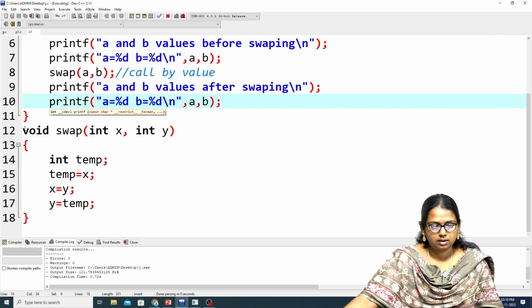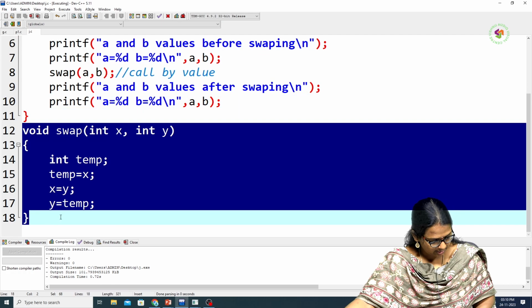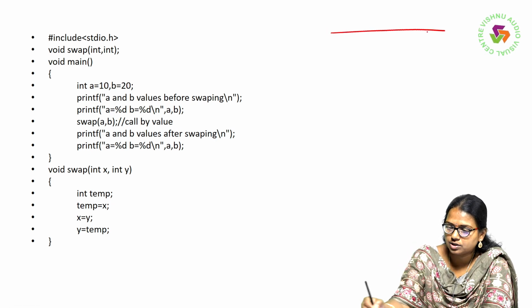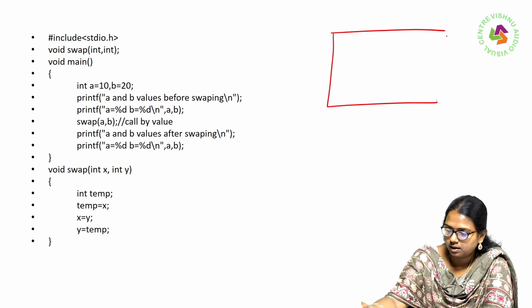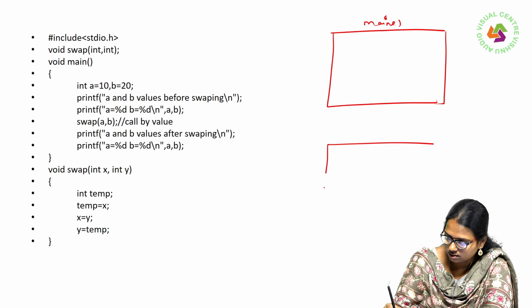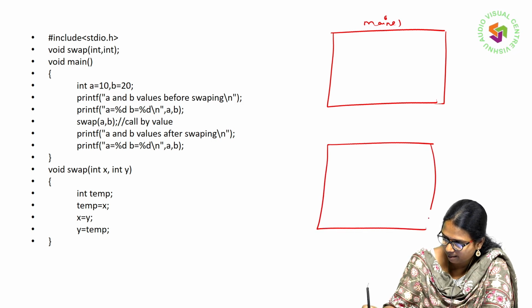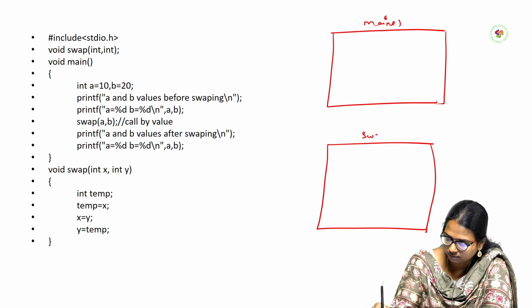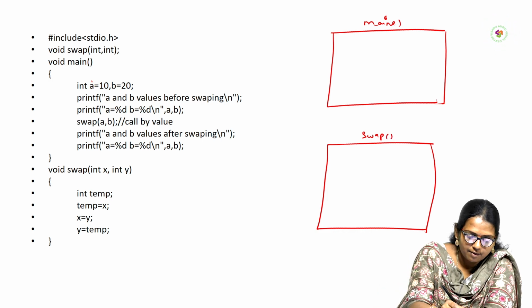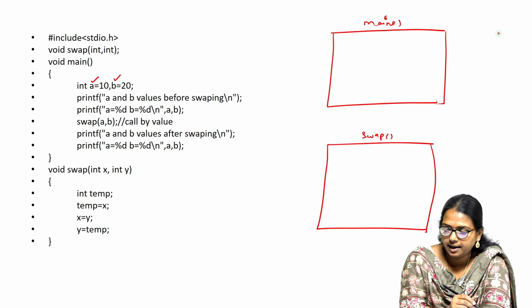See here, we defined the functions like this. We have two functions, main and swap. The main function has two variables a and b.